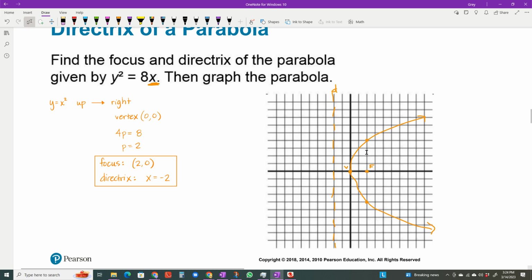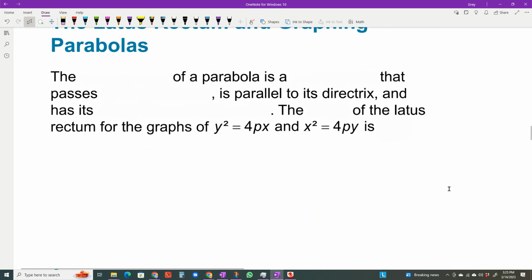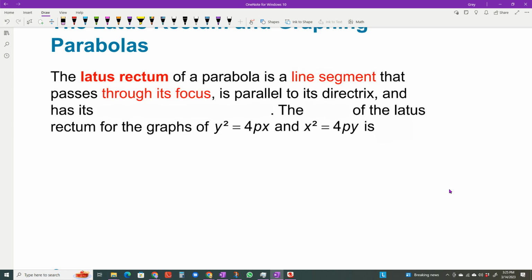Okay, so this distance here that I was just telling you that I used to graph it, these two endpoints, if you connect them with a segment, that segment has a special name, and it is called the latus rectum. It comes from Latin, which means straight side. The straight side of a parabola is a line segment that passes through the focus parallel to the directrix and has its endpoints on the parabola.